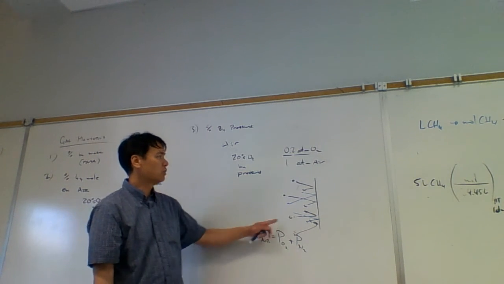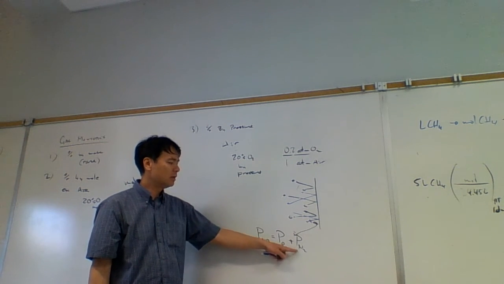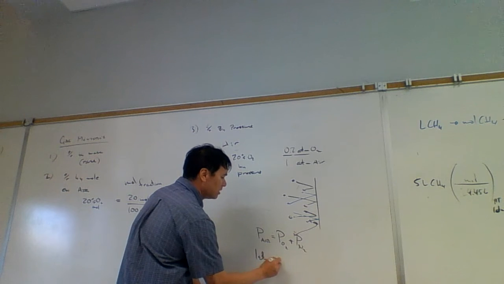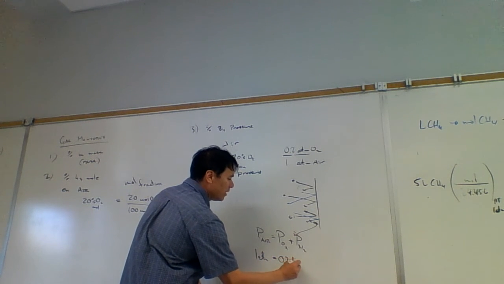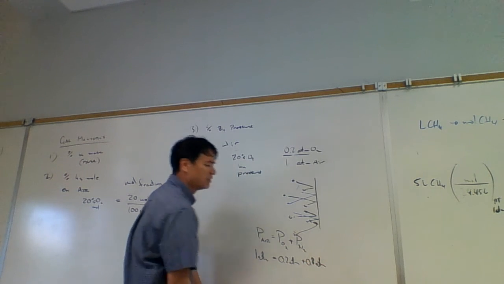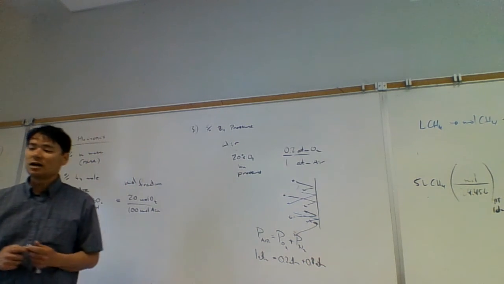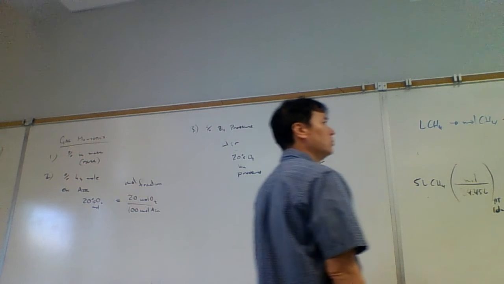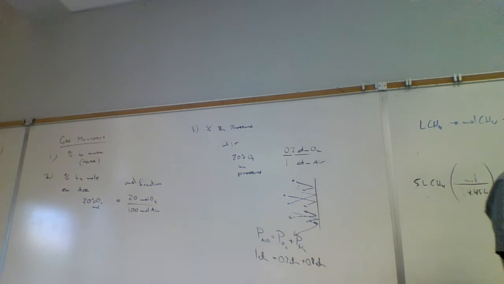So if air is 20% oxygen and 80% nitrogen, then 1 atmosphere of air is going to equal 0.2 atmospheres of oxygen plus 0.8 atmospheres of nitrogen, because the other 80% of the collisions is generated by nitrogen. This is called Dalton's law of partial pressures. That is, P total is equal to the sum of the partial pressures.